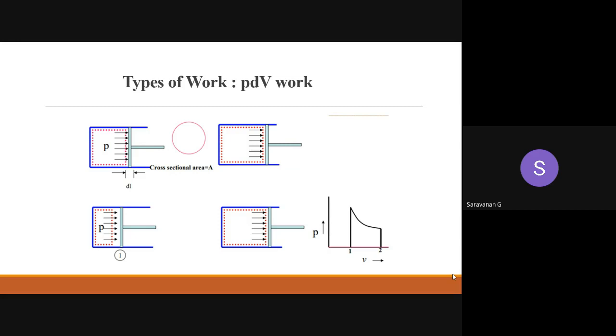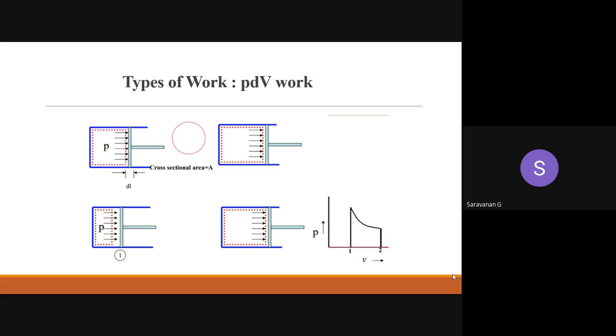So between 1 and 2, it is a P-V diagram, pressure and volume. The volume is V1 and volume is V2. If you are increasing pressure, the straight line indicates the increase. Then the curve, the polytropic process, varies with respect to the case. Then it reaches volume V2, pressure P2. The pressure corresponds to the y-axis as P1 and P2, and the volume corresponds to the x-axis as V1 and V2.